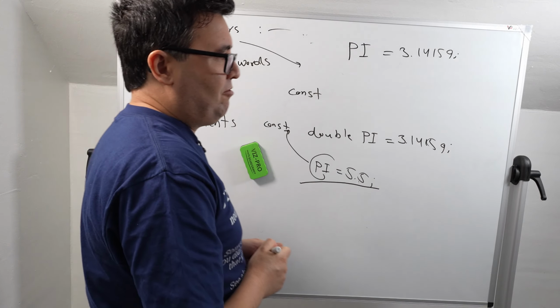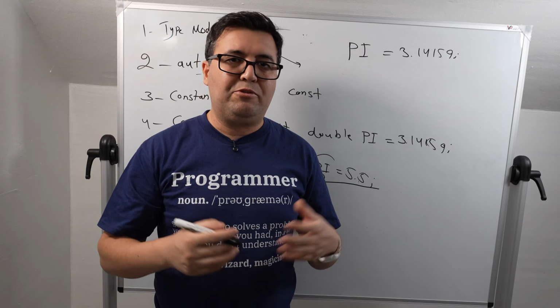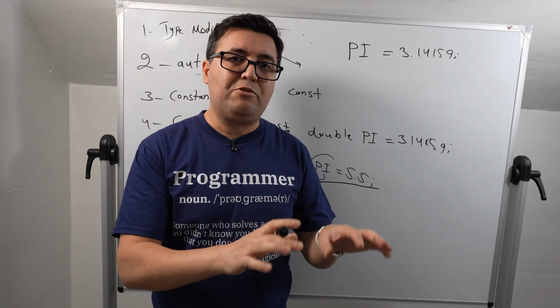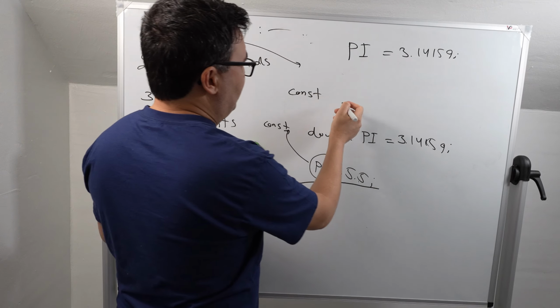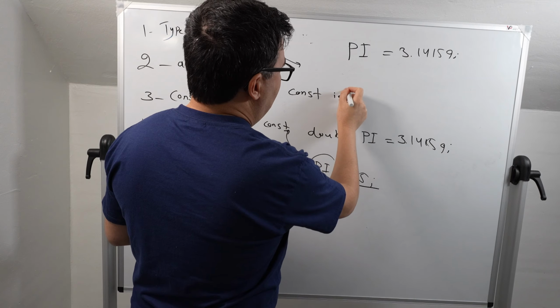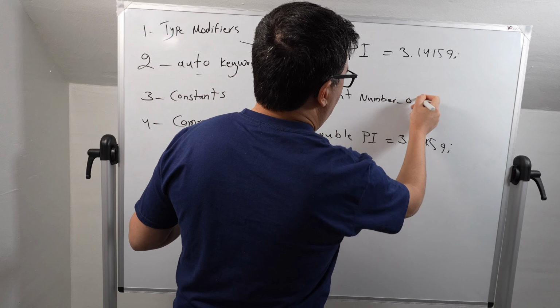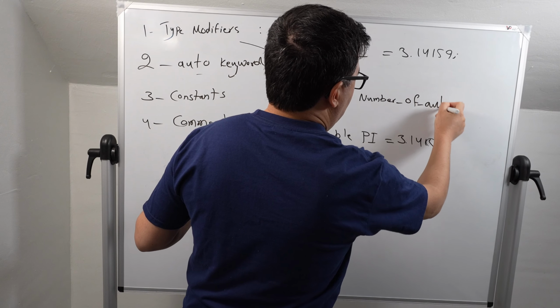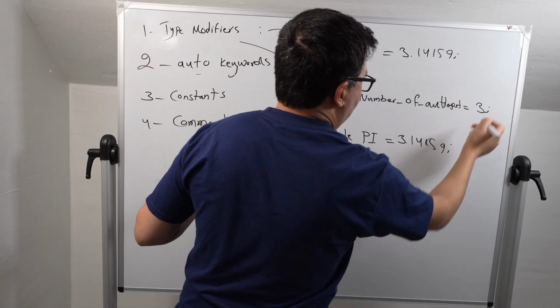Suppose you have a developed system where you authenticate users, like the user should enter a username and password. We can define a constant, const int number of attempts equal to 3.